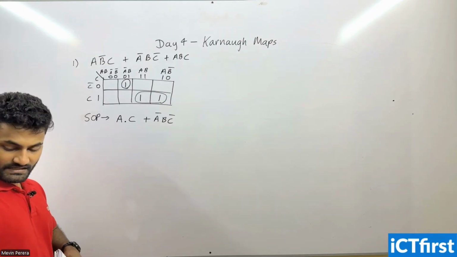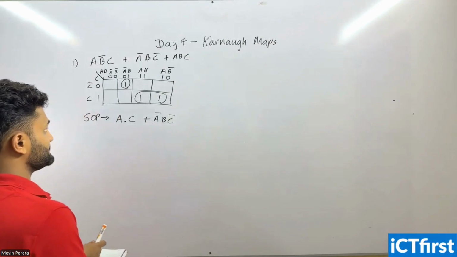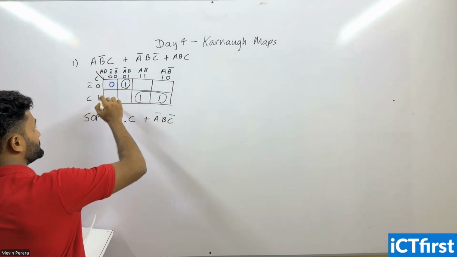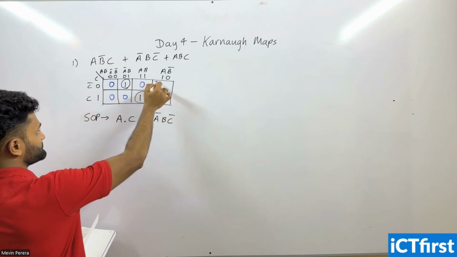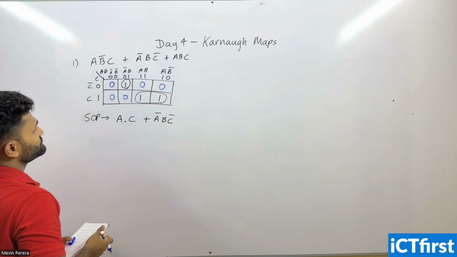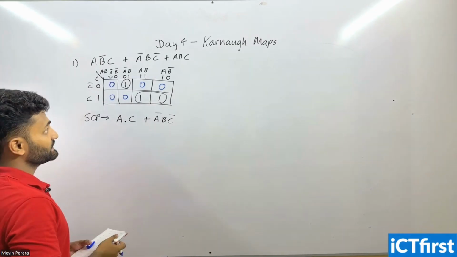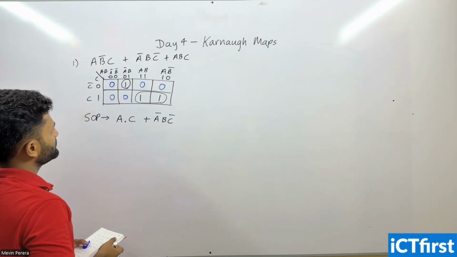Now, if they ask you to write the POS, they asked it one time. So since these are ones, all the others are zeros. Now, what you're supposed to do is group the zeros. Now, what are the groups that we can create?